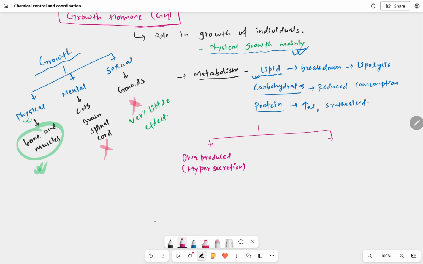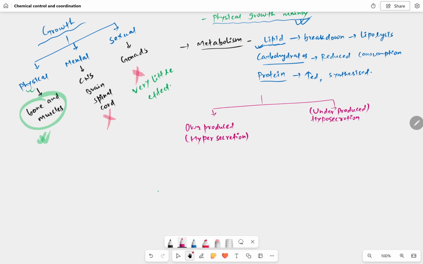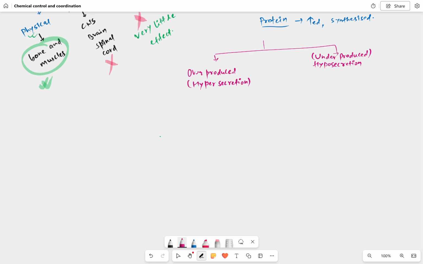And what if it is underproduced? That is hyposecretion. So there may be a case where the growth hormone is overproduced or underproduced.